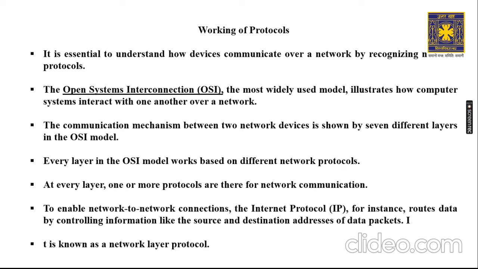Then we go to the layer below it, that is the network layer. From the network layer, the message that you have sent, after fragmentation at the transport layer, goes to various routes to reach the destination. Then below that you have the data link layer.